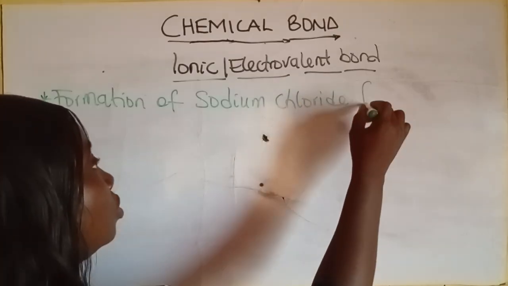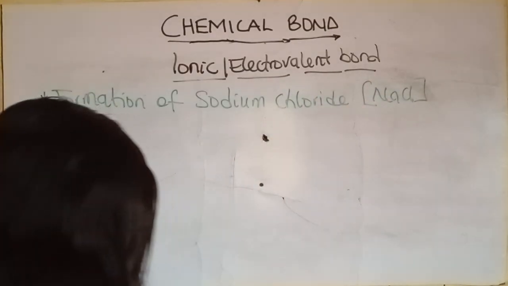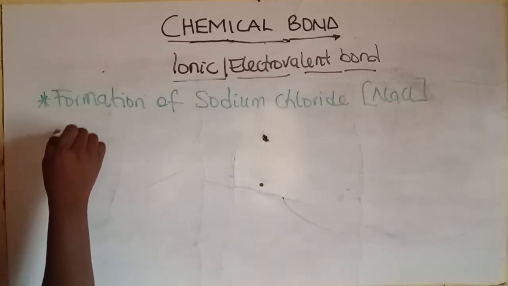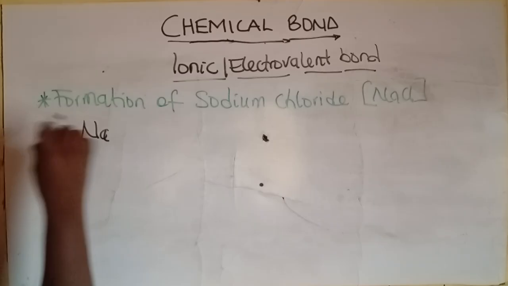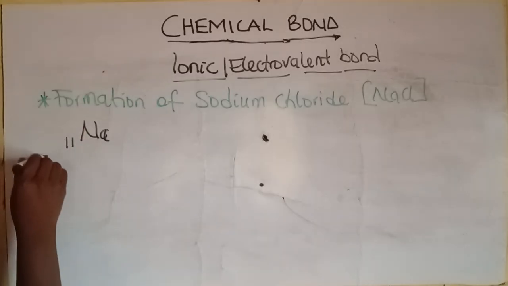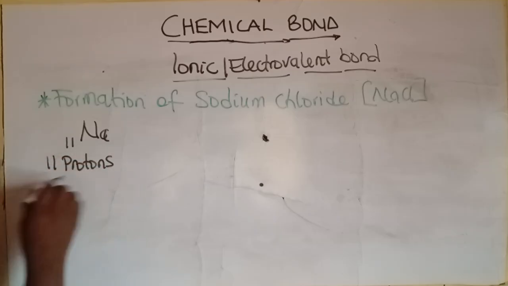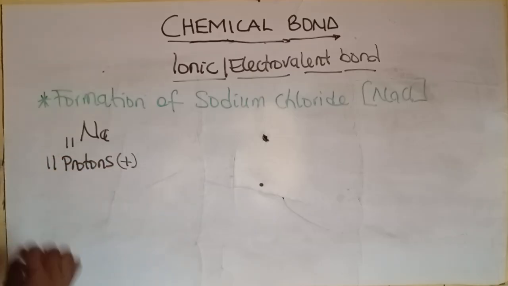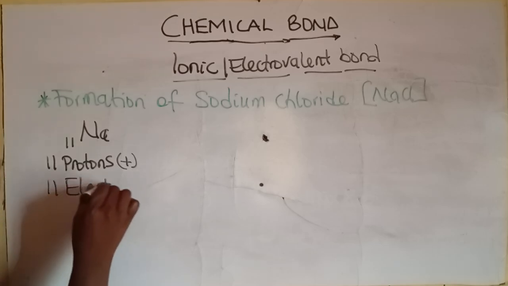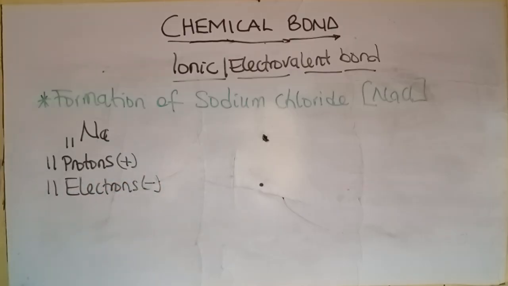With a chemical symbol NaCl. This is sodium with atomic number 11, which means it has 11 protons, which are positive charged particles, and 11 electrons, which are negative charged particles.